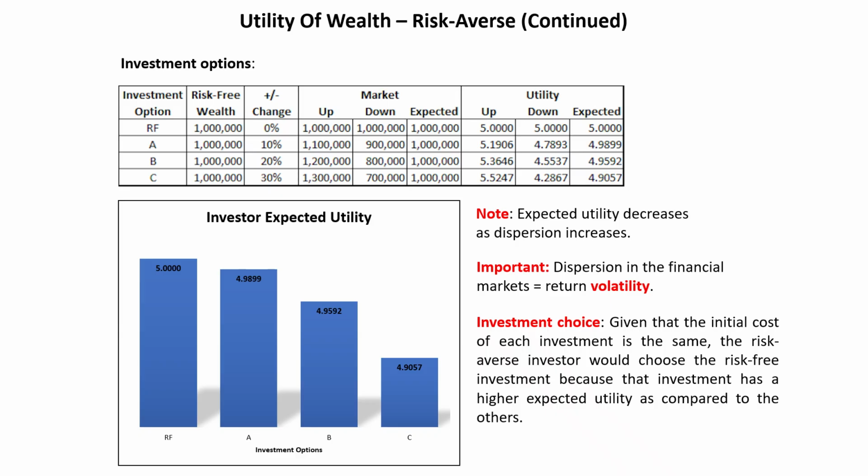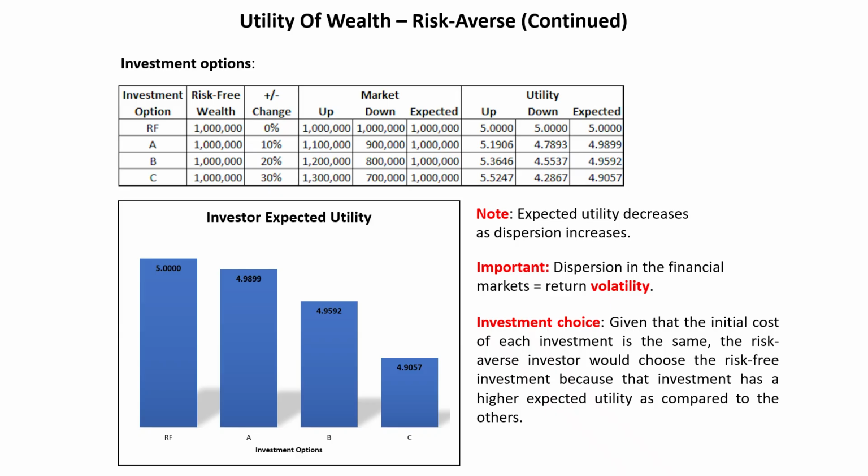If we look at the bar chart, my expected utility is 5 for my risk-free investment, but it decreases to 4.9899 for investment A, then to 4.9592 for investment B, and then really decreases for investment C, where my utility is 4.9057.